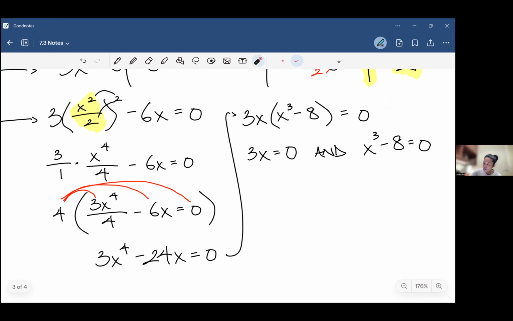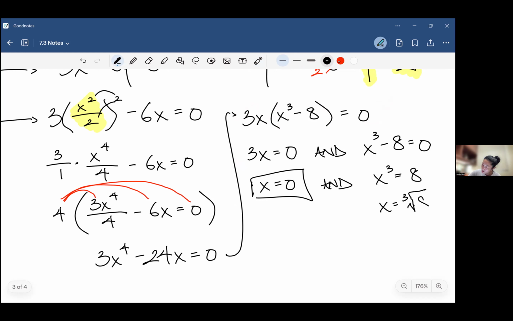All right, let's solve each equation individually. 3x equals 0. I divide both sides by 3. I get x equals 0. And let's see, I'm going to do x cubed equals 8 and x equals the cube root of 8, which is actually x equals 2.